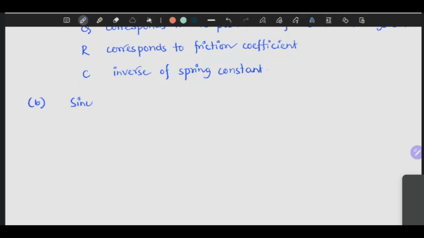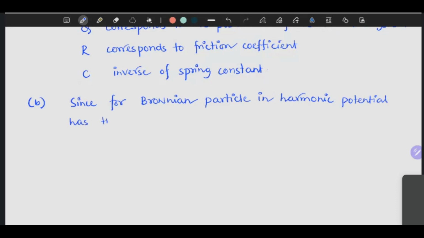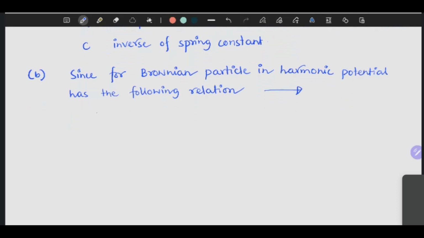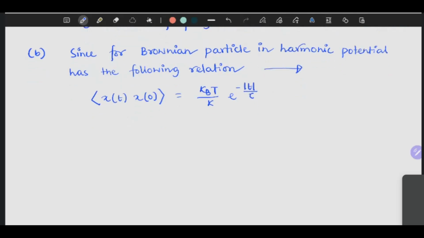Since a Brownian particle in a harmonic potential has the following relation that we have calculated, the average of x(t) x(0) was kBT by spring constant k times e to the power minus mod t by tau.